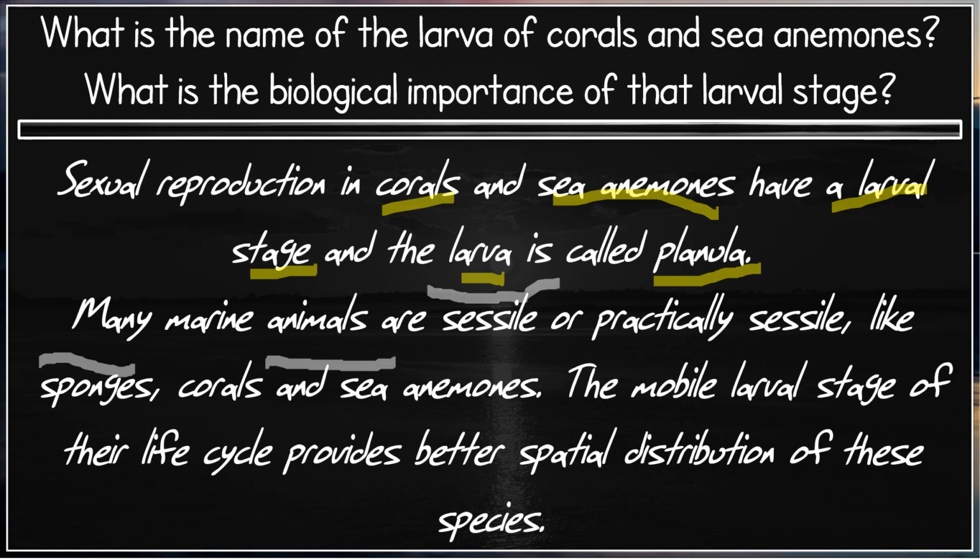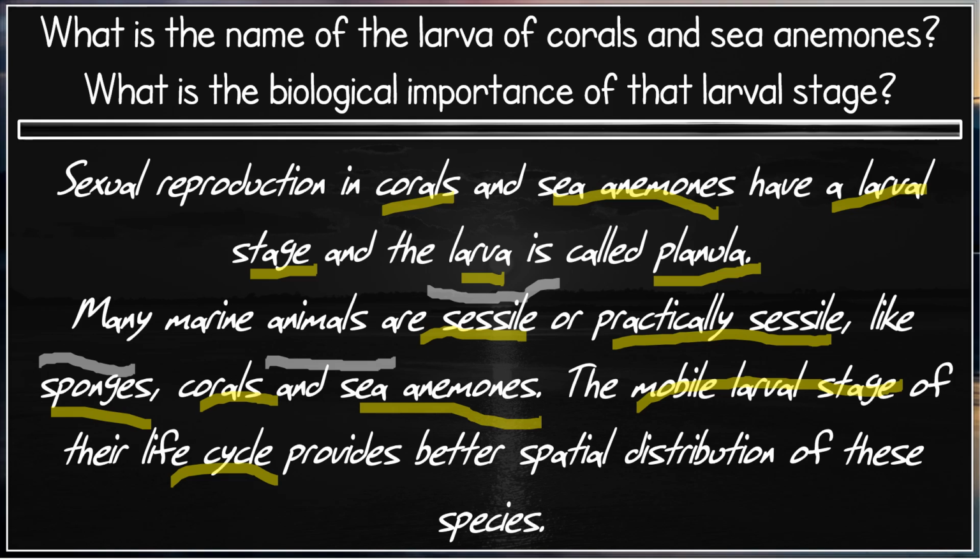Many marine animals are sessile or practically sessile, like the sponge, the coral, and sea anemones. The mobile larva stage of their life cycle provides better spatial distribution of these species.